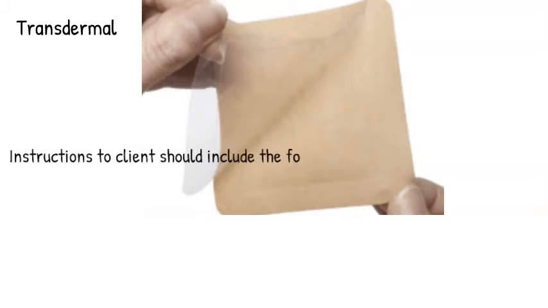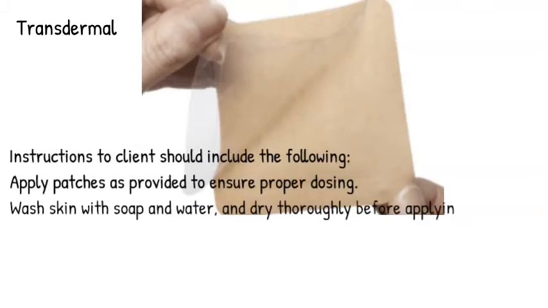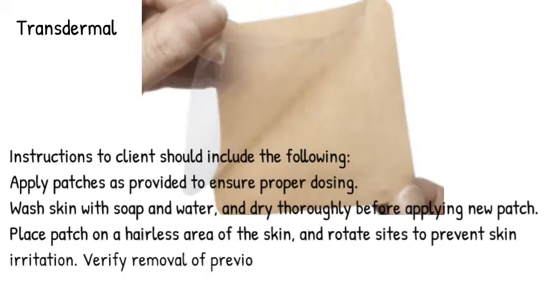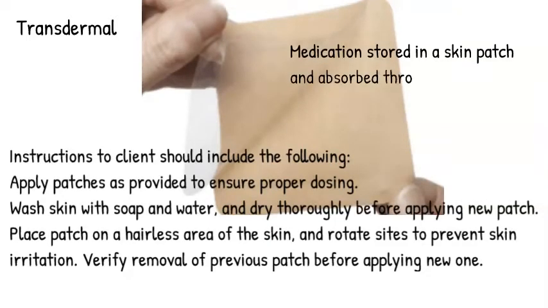Transdermal medications release a small dose of medication over a period of time. Before you apply a new patch, you need to make sure that you remove the old patch, fold it with the medication onto itself, and then throw that away in a trash can or a receptacle with a closed lid.